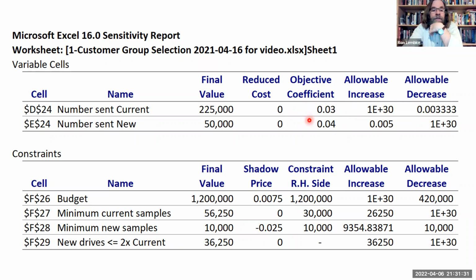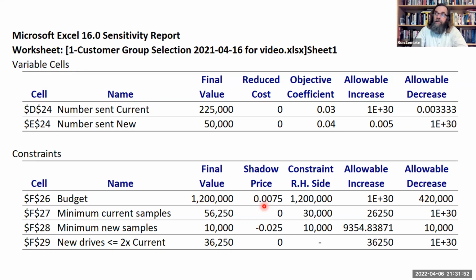On the constraints, the budget, we're maxing that out. If we had more budget, every dollar of budget that we would add would result in an increase in the objective function of 0.0075.